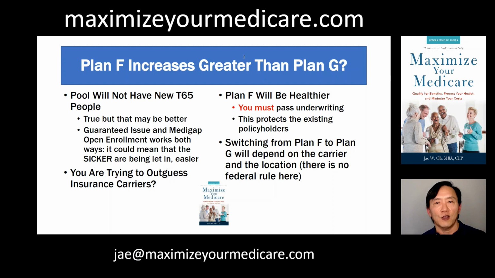You're the owner of a small business. You got into Part A and Part B 2 years ago. You qualify for Plan F. However, right, you still have to medically qualify. Guess who does this? Who gets in? Only the healthy.